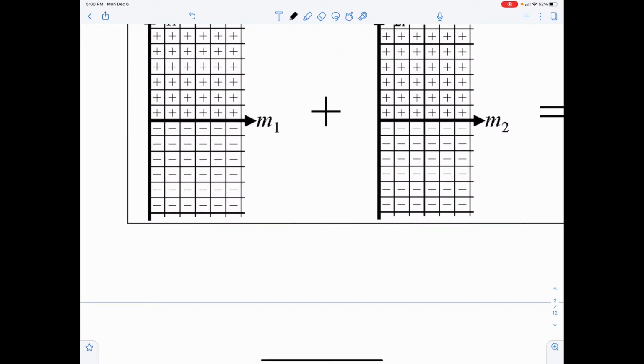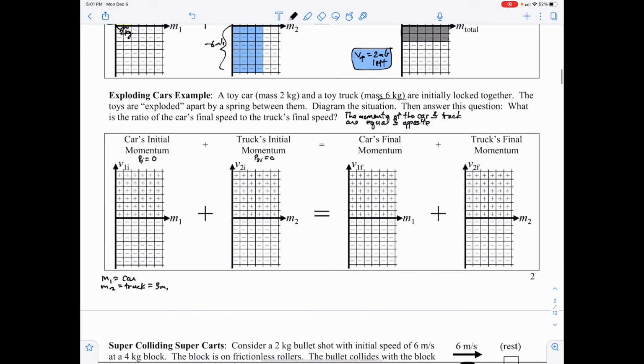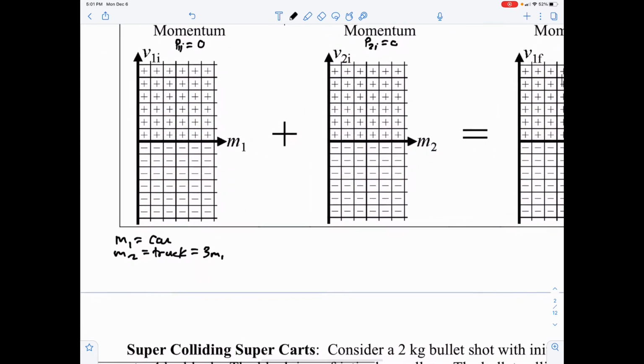let's try this. We're going to let M1 be the car, M2 be the truck, which is 3 times M1. 6 kilograms versus 2 kilograms.